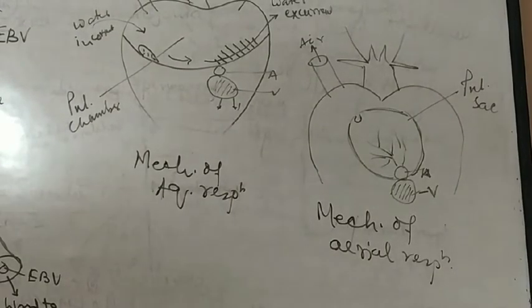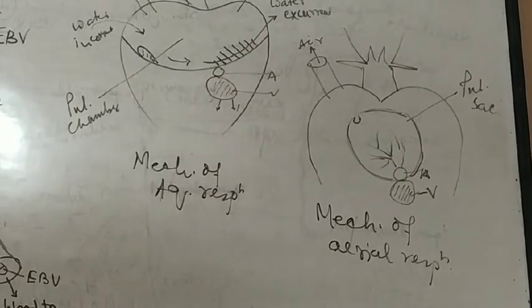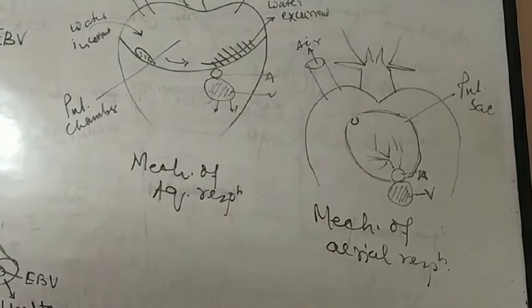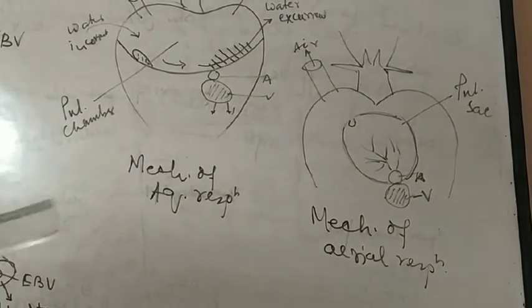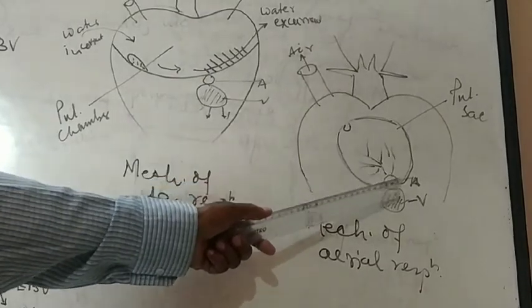Air enters through the left nuchal lobe and ultimately comes into the pulmonary chamber. This pulmonary chamber is also vascularized, and is in contact with the heart.